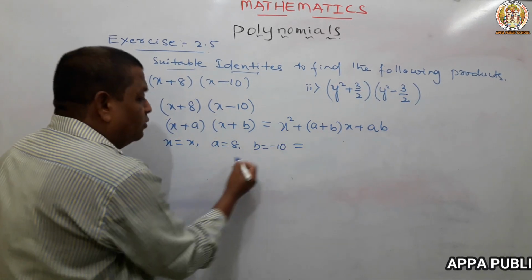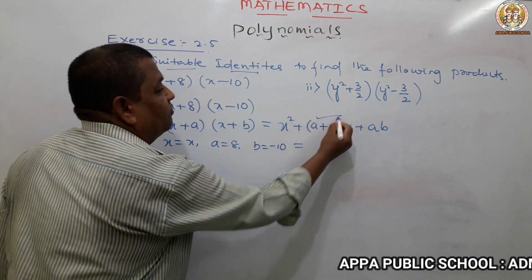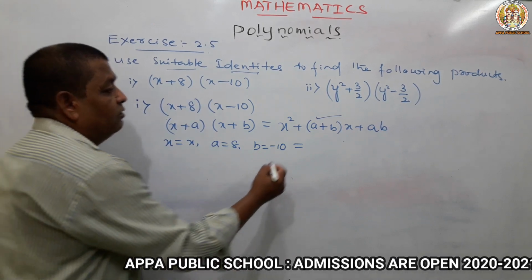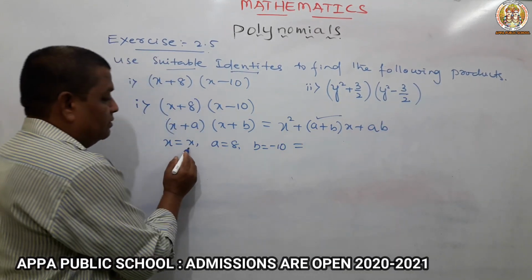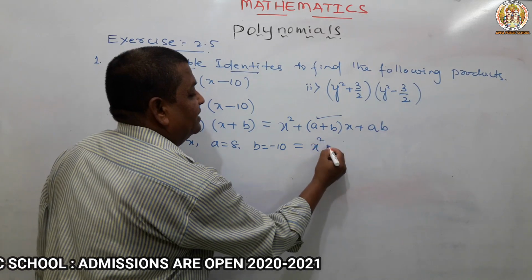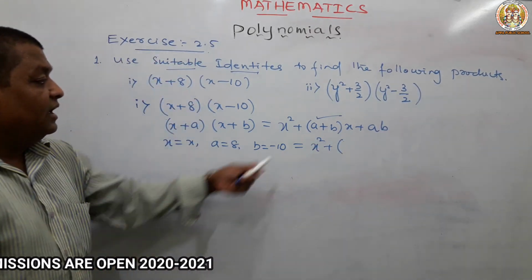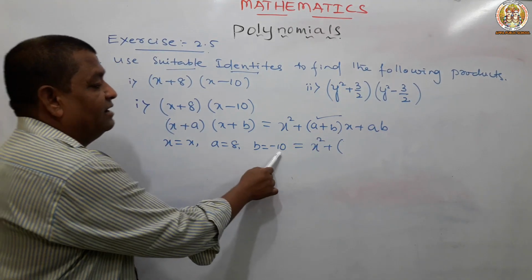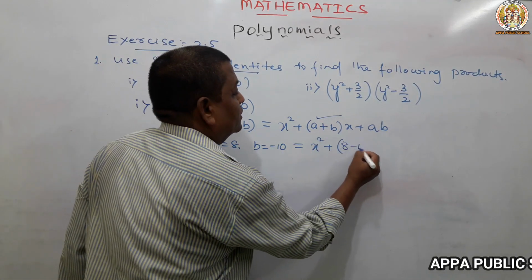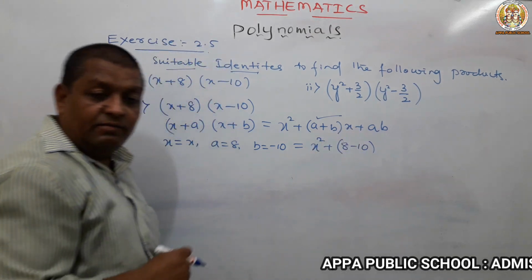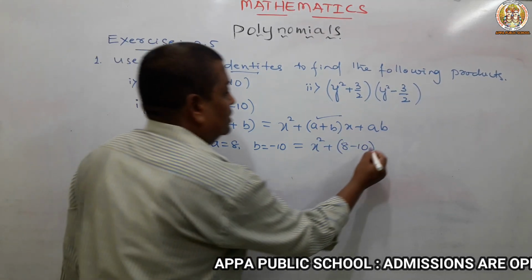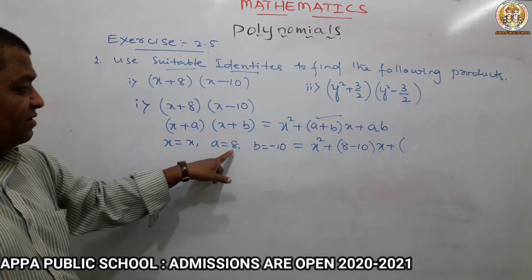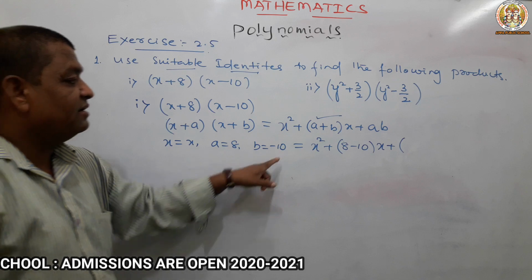Now substitute these values in the formula. x square, x as it is, plus a plus b, so a plus b means 8 minus 10, into x, our x only, plus ab, and ab means 8 into minus 10.